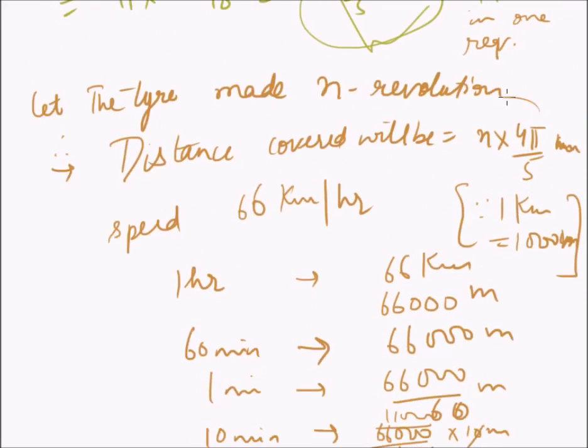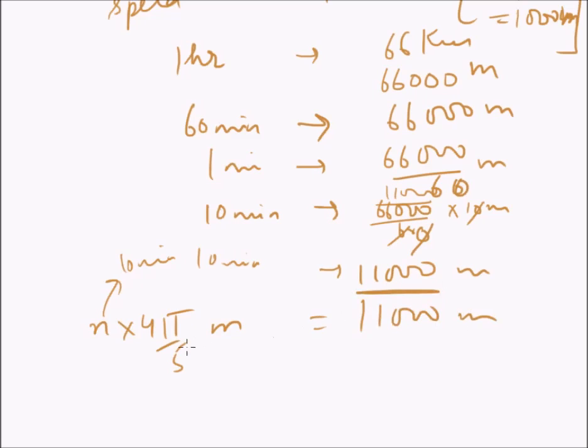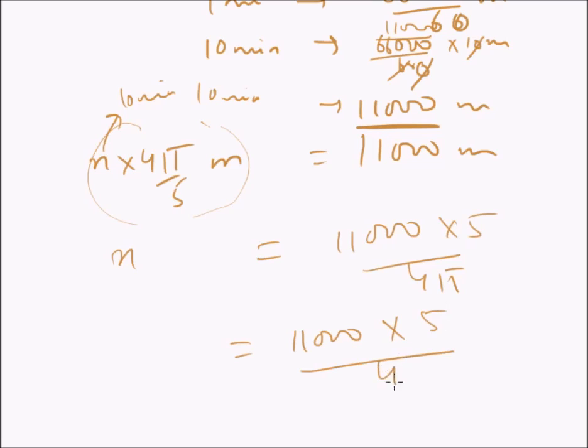Also, according to the revolution formula, we have traveled n into 4 pi by 5 meters, if we have made n revolutions in 10 minutes. Comparing the two distances, the distance traveled in n revolutions in 10 minutes equals the distance traveled in 10 minutes with the speed 66 km per hour. So we can now easily calculate n, which will come out to be 11,000 into 5 over 4 pi, that is 11,000 into 5 over 4 into 22/7.